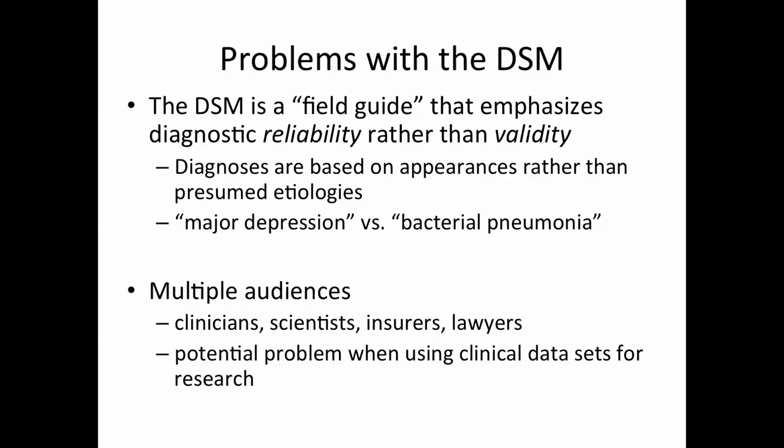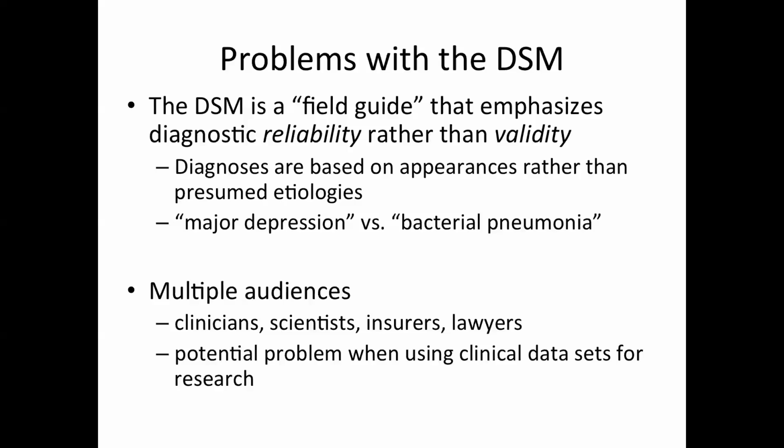Another important thing to know about the DSM is that it serves multiple audiences, including clinicians, scientists, insurers, and in some cases, lawyers. What this means is that when using clinical data sets, people should be generally aware that sometimes the diagnostic categories may be intended to reach other audiences.